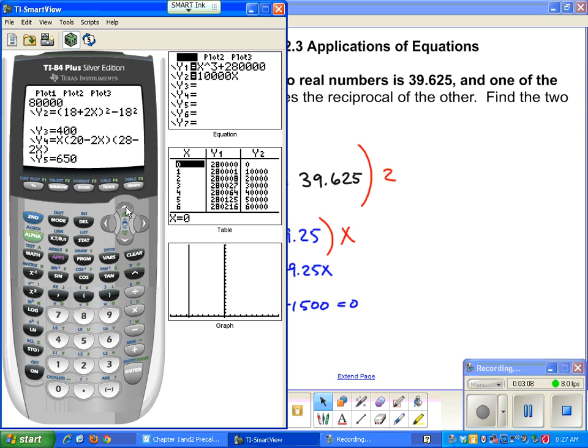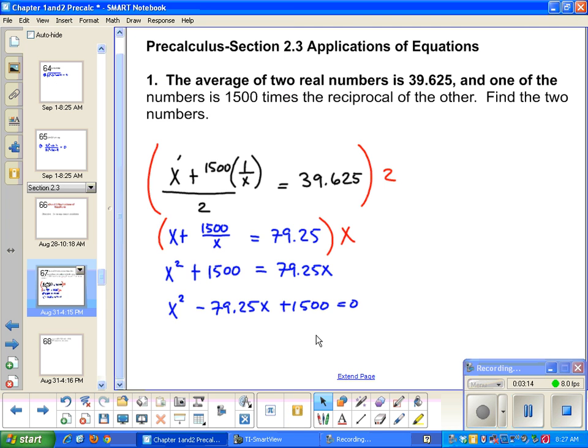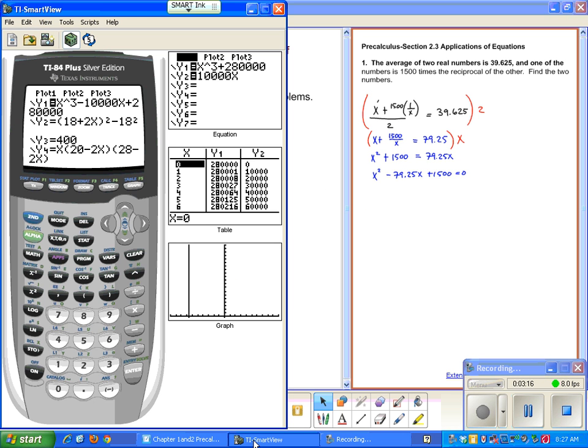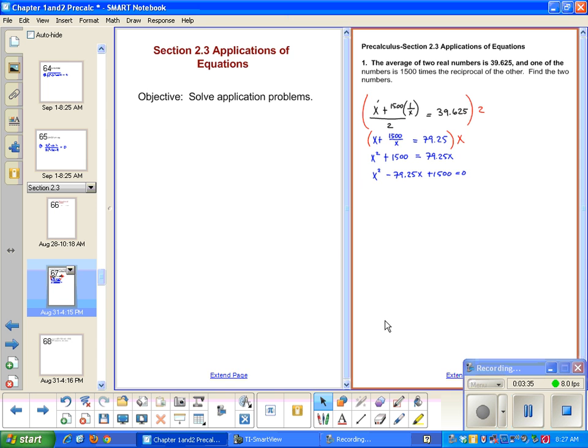Right now would be a good time to go ahead and plug this into your calculator and see if you can come up with a solution and find the window yourself. But I don't have this equation in. Okay, actually, instead of doing this one on our calculator, I think I'll use the quadratic formula, but you can certainly use your calculator to do it. Let's just try this one a different way.